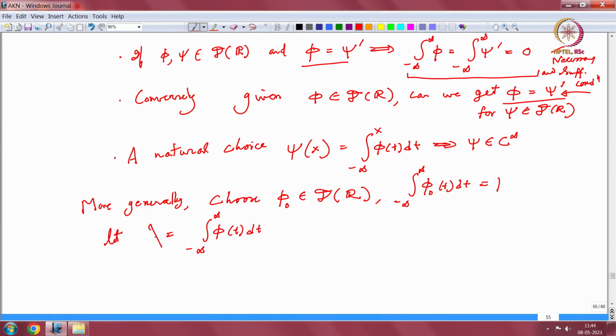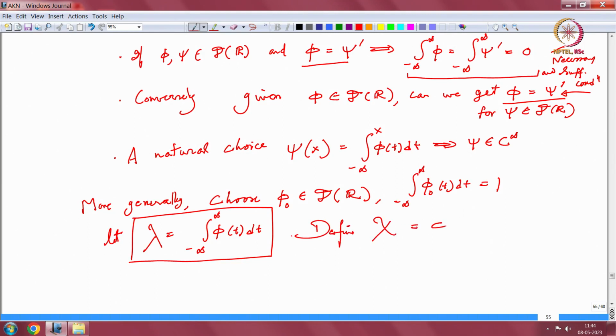Call this number lambda. If lambda is equal to 0, you have that representation. But more generally, define chi equal to phi minus lambda phi naught, where lambda is this constant.